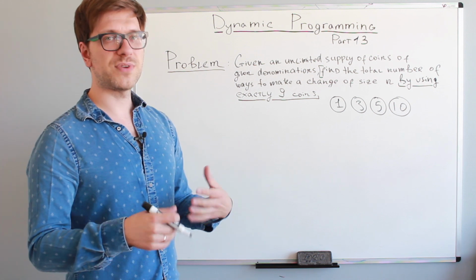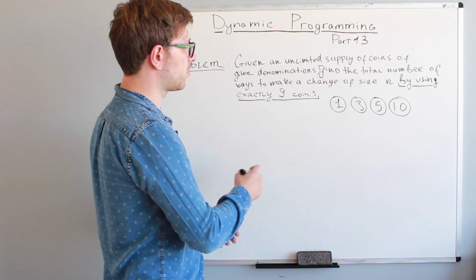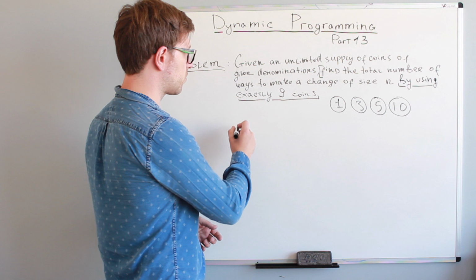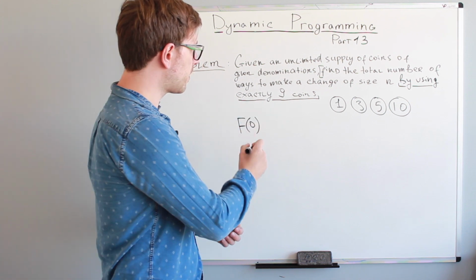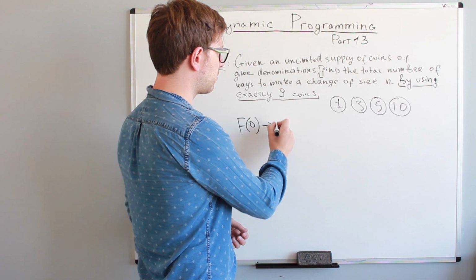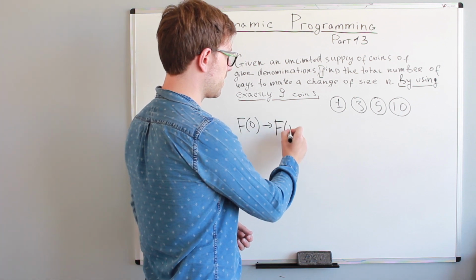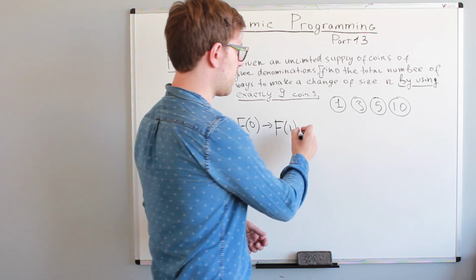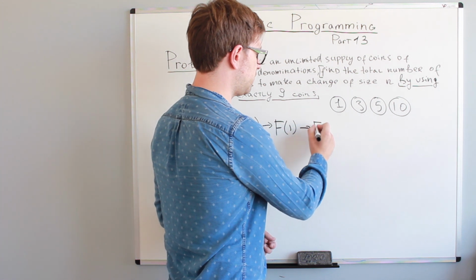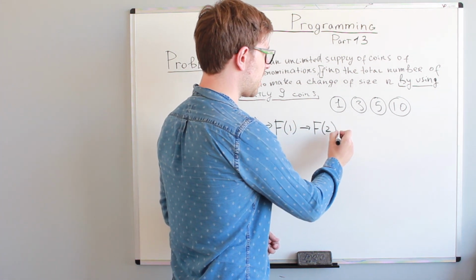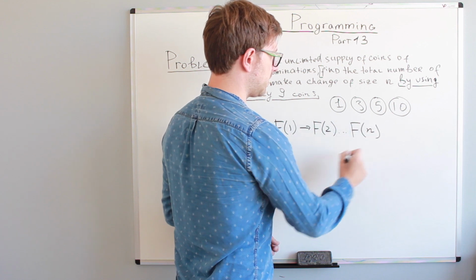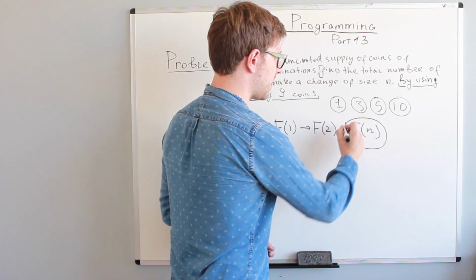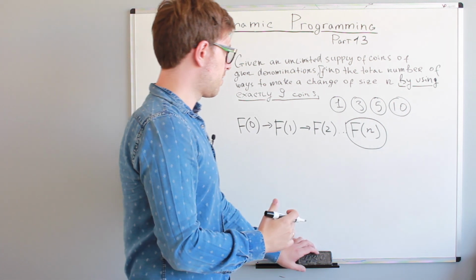How did we solve the previous problem, the lighter version of this problem? We first found f of 0. Then, knowing the solution to f of 0, we were able to find f of 1. Knowing the solution to f of 1, we were able to find f of 2. And at some point, we were able to find f of n, and f of n was the answer to the overall problem.